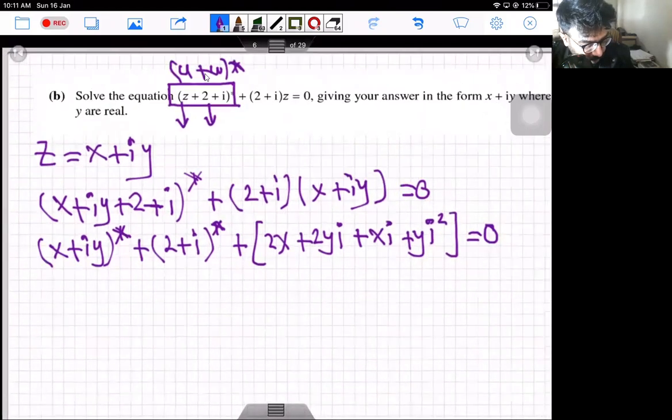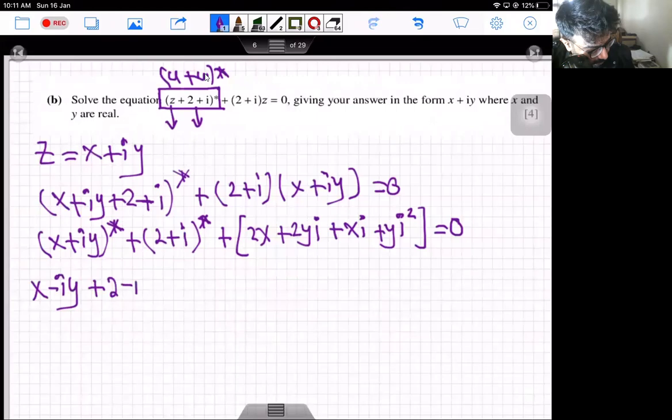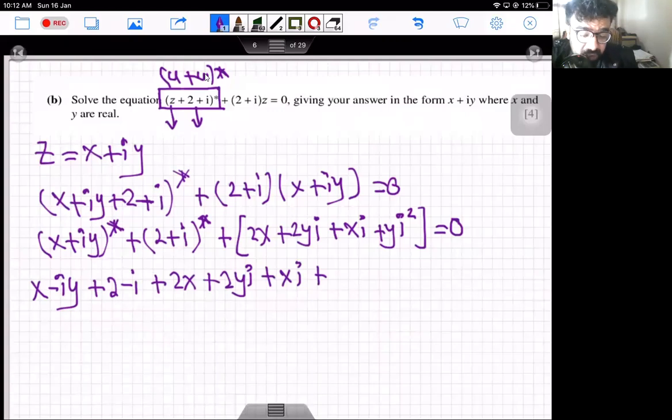So now the conjugate of x plus iy will be x minus iy, and the conjugate of 2 plus i will be 2 minus i. Plus 2x plus 2yi plus xi plus, and instead of i square we can write minus 1, so y times minus 1, and this whole thing is equal to 0.